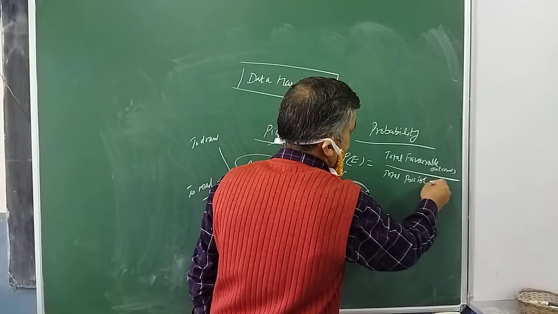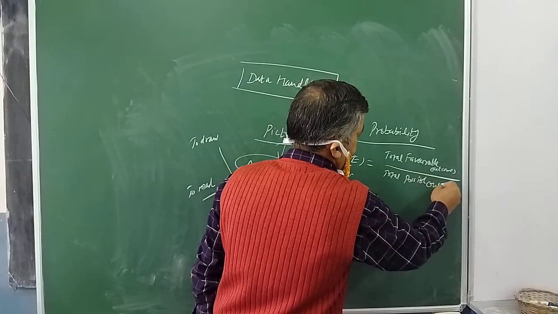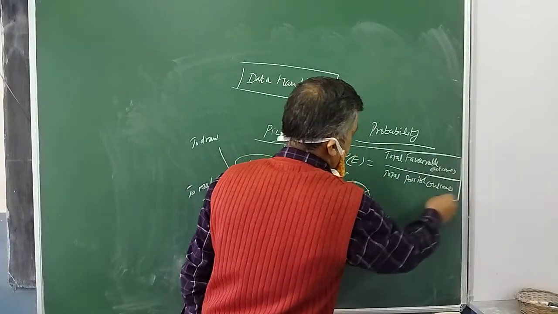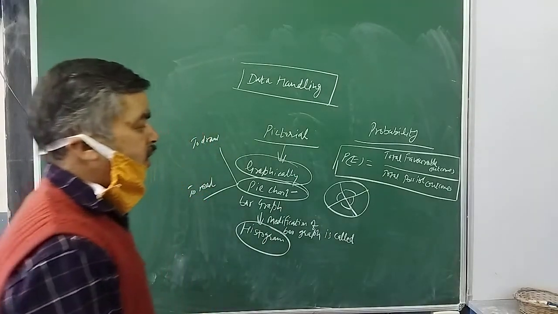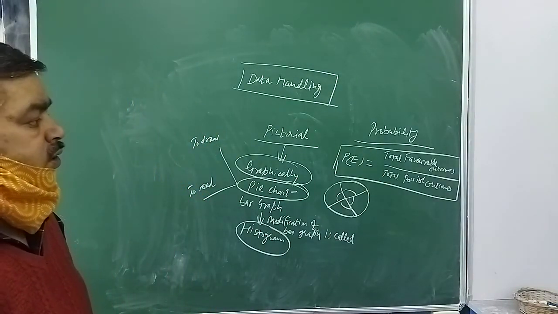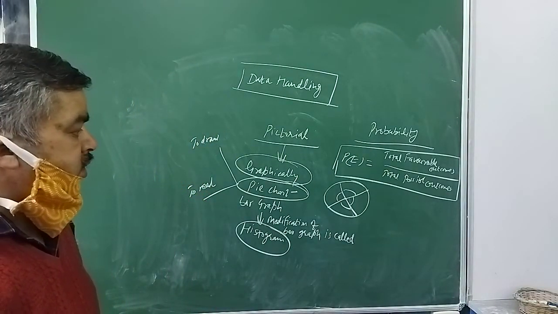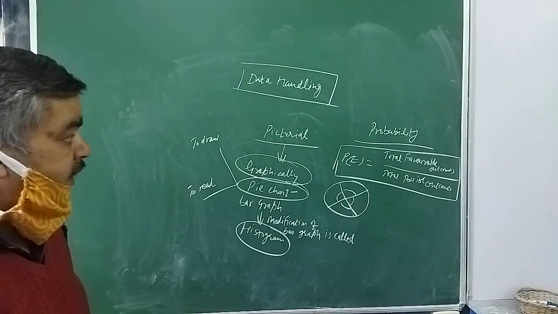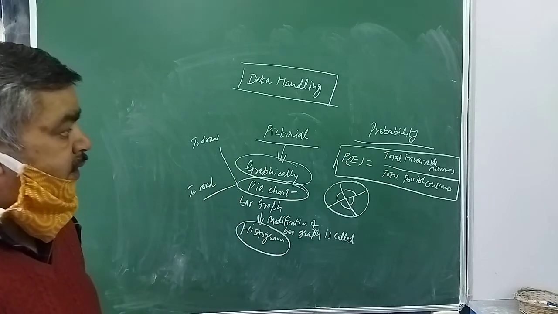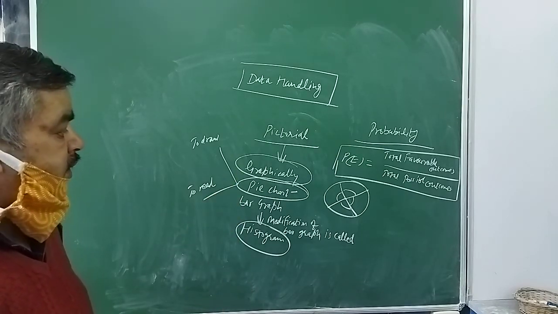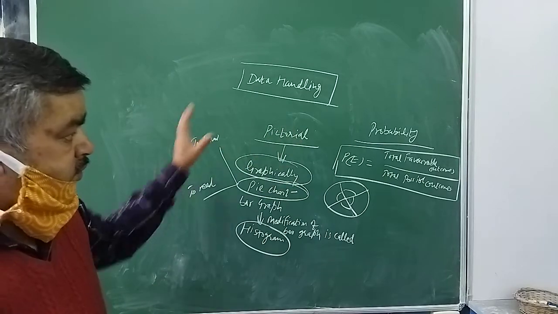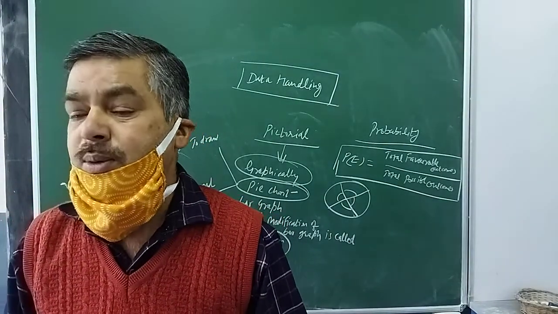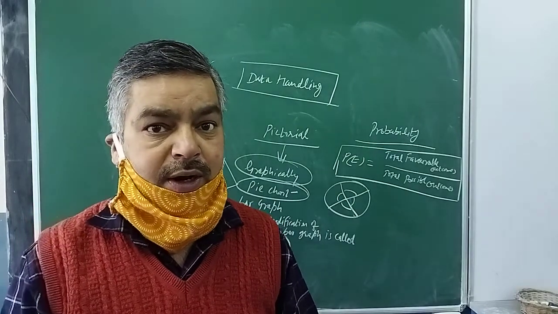All the time you need to focus your attention on this. This is the key formula to calculate the probability of an event taking place. So I started from the definition of data to probability, how to calculate the probability. All the things I have shared with you through this lecture are part of your syllabus in this topic of data handling.